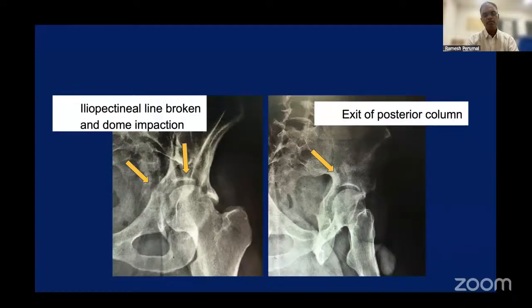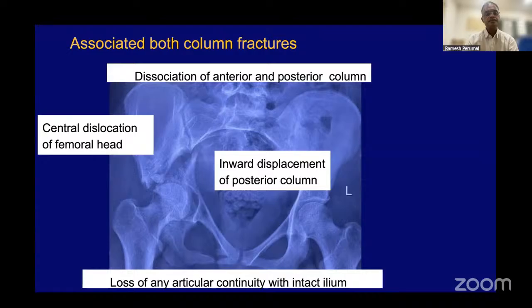The posterior column is always a secondary fracture line. It may exit at a very low level near the ischial spine, or it may be intermediate around the greater sciatic notch. That's why an anterior column with posterior hemitransverse can most of the time be managed with an anterior-based approach, where you can place a posterior column screw through the anterior approach alone.